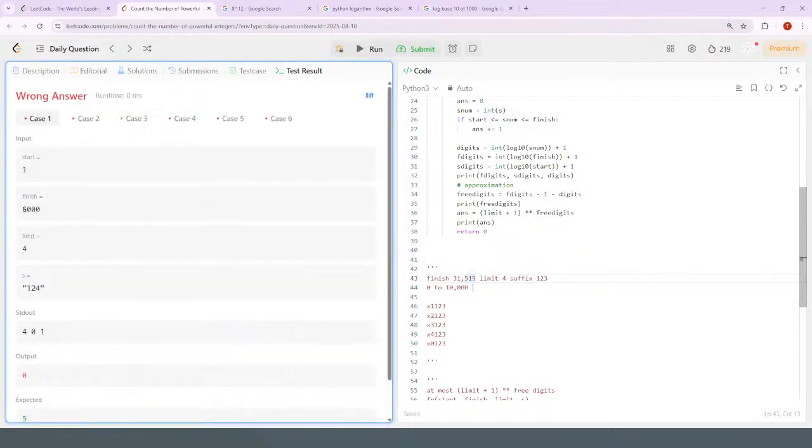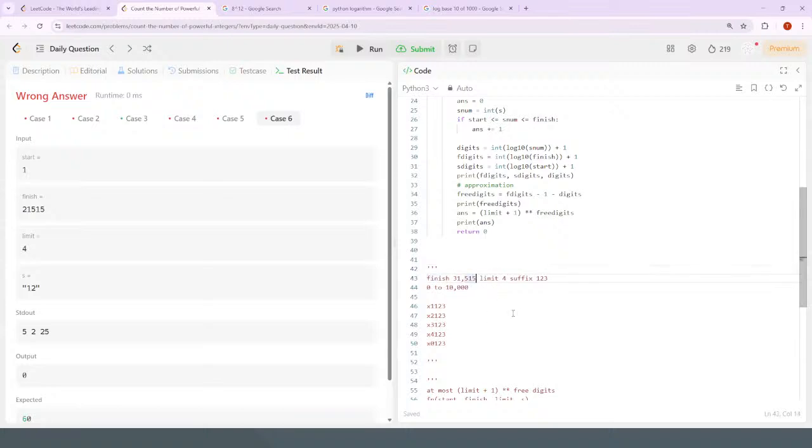Alright, let's see if I can piece together what the answer should be. So 21515, limit 4. Okay. So there should be just 2 free digits, the hundreds and the thousands place.